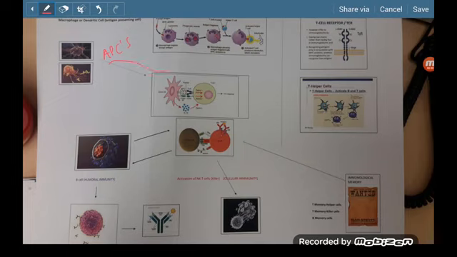And that will have led to an activation of a T helper cell. And the T helper cell could, as we saw with humoral immunity, activate a B cell. But it's also able to activate cytotoxic T cells by releasing cytokines.